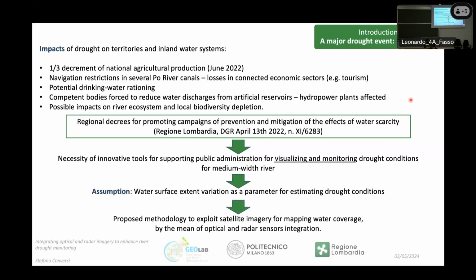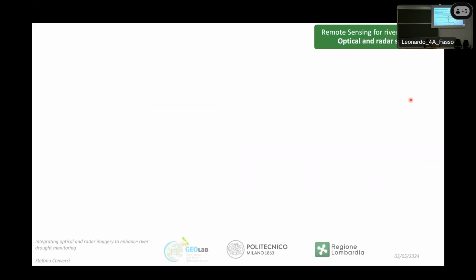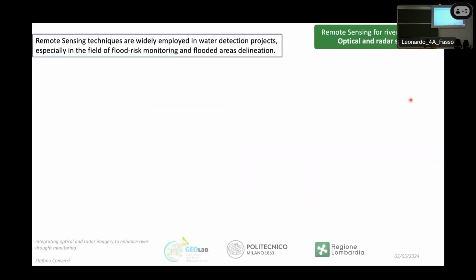So we propose this methodology for exploiting satellite imagery, and in particular it will be performed through the integration of two different kinds of sensors. First of all, historically remote sensing techniques are widely used for detection of water.